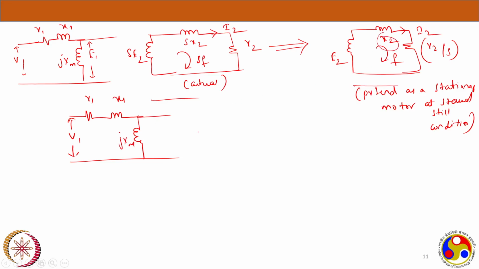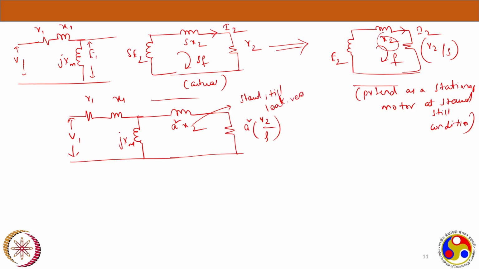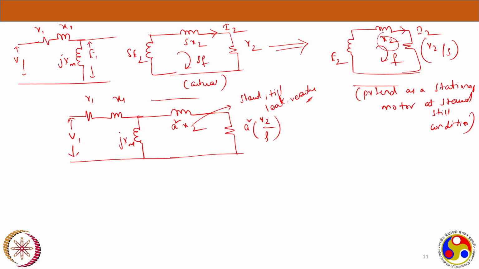This X2 will become a squared X2, and this R2 by S will become a squared R2 by S. So see, this is X2, which is the standstill leakage reactance, because this is the equivalent circuit X2, which we have assumed to be at a standstill condition of the machine, right?